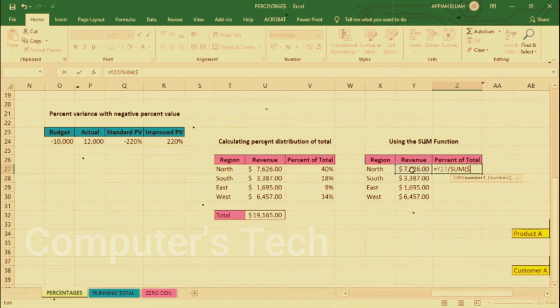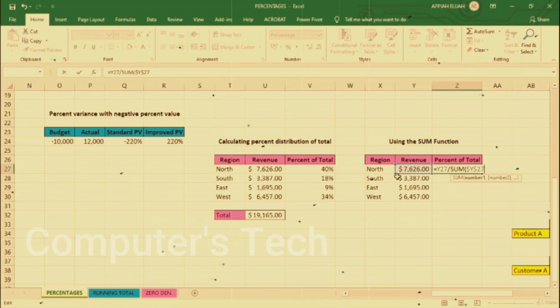Now in this range, if you are specifying the range from here to here, it would have been Y27 colon Y30, okay? But because we want to make an absolute reference to the sum of these values, we use the dollar symbol. So the dollar symbol is applied to the column letter, so Y in that range, and then another dollar symbol to the row number, which is 27.